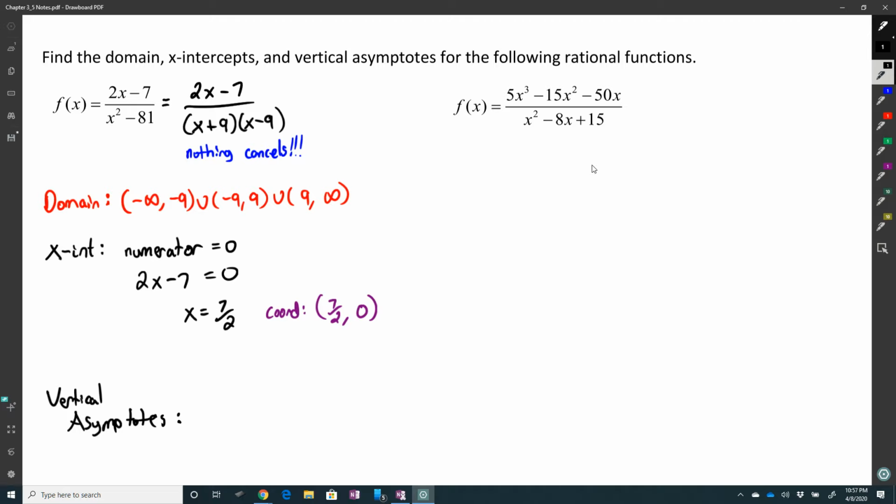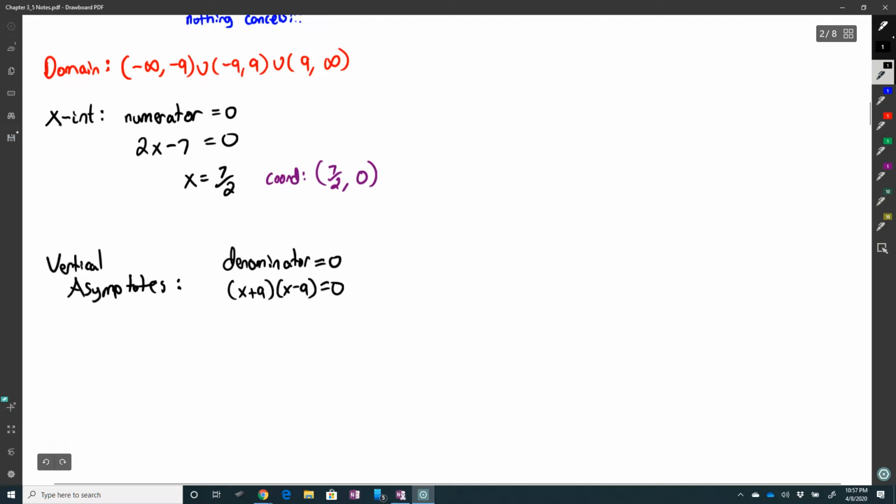We have the denominator equals 0. And that's just x plus 9, x minus 9 equals 0. And so we have our two solutions. You have x plus 9 equals 0, and x minus 9 equals 0. So x equals negative 9, and x equals positive 9.